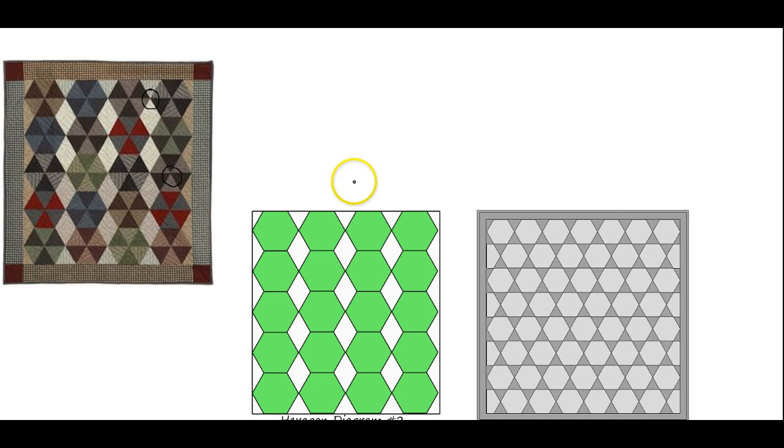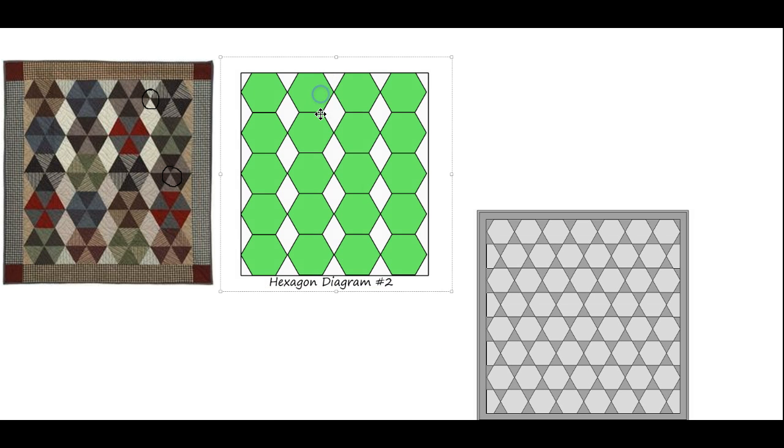If we look at this one, it's kind of fun. We have hexagons and equilateral triangles right in here. So we have 2 hexagons and 2 equilateral triangles, and it works.